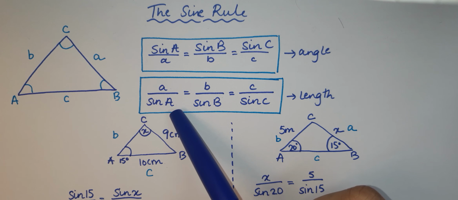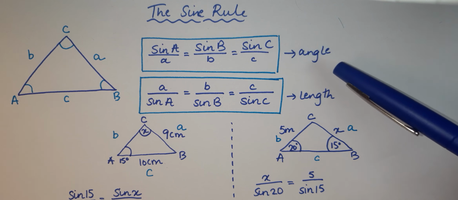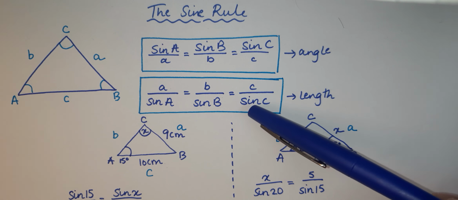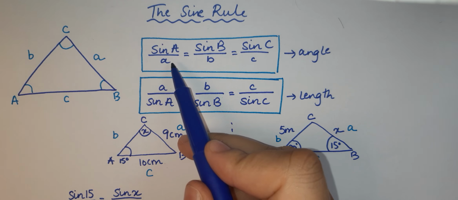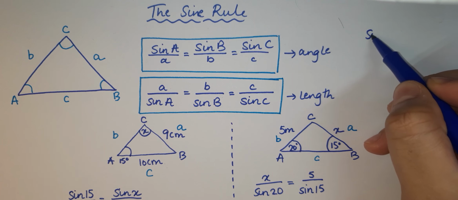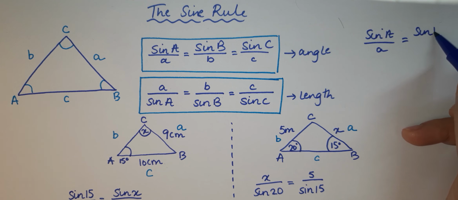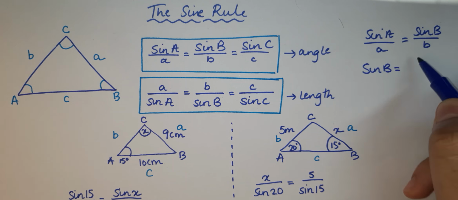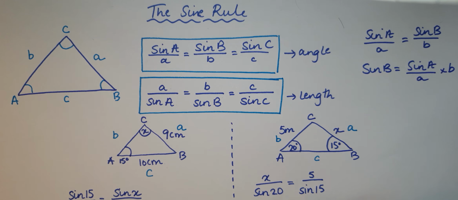Now I know that sounds confusing, which is why I prefer to use this one for the angles and this one for the lengths. So just what I was saying, if you had sine A over A is sine B over B, it would just be easier to get sine B: you would just do sine of A over A times by B.